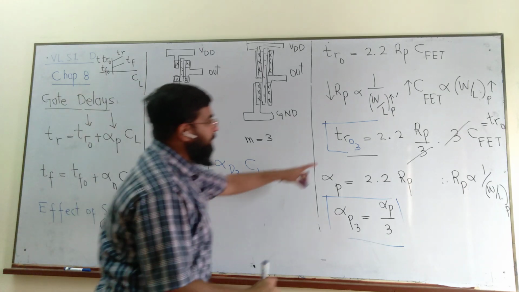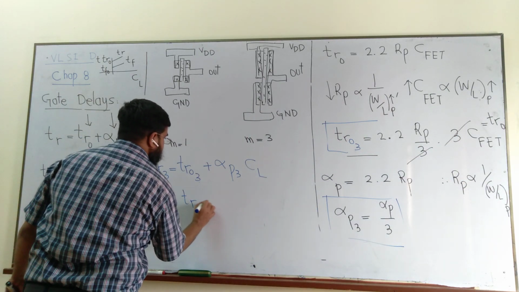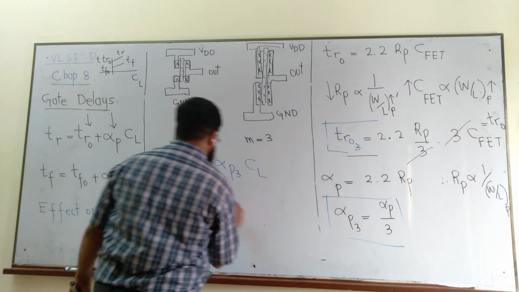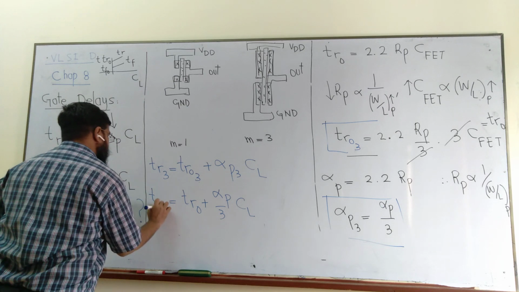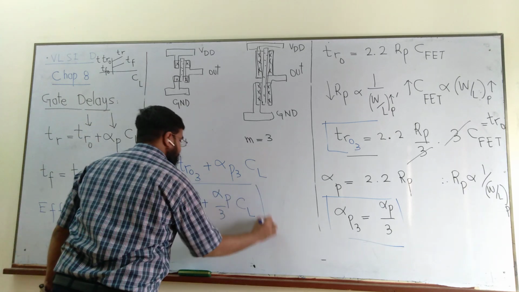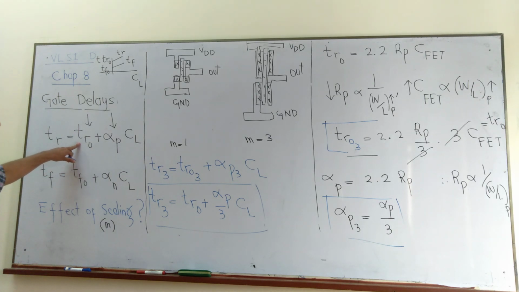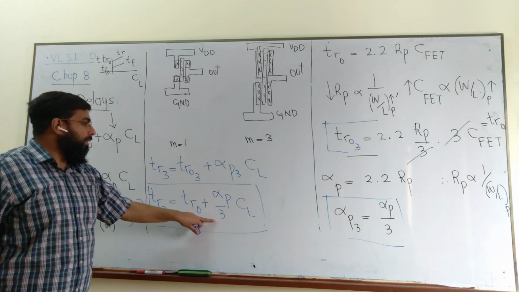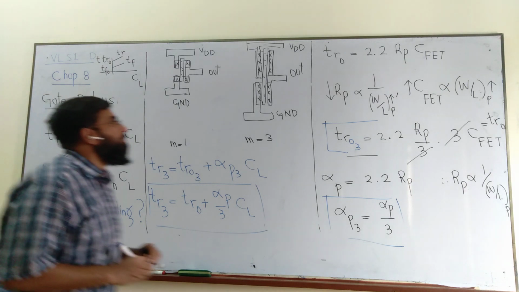TR03 is the same as TR0, no difference. Alpha P3 is alpha P by 3 times CL. So this is the new rise time delay. The first term remains the same as it was in the case of a standard NOT gate with m equal to 1, but the second term is decreased by 3 times. A similar expression can be derived for TF3.